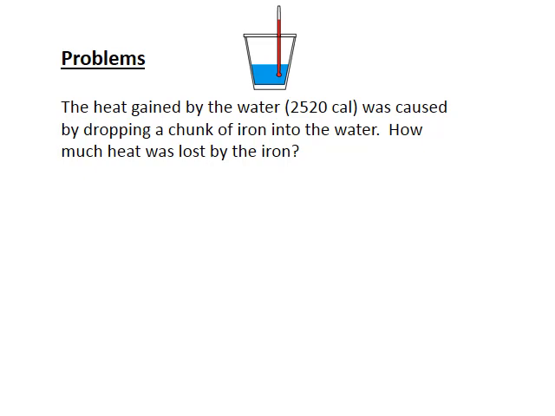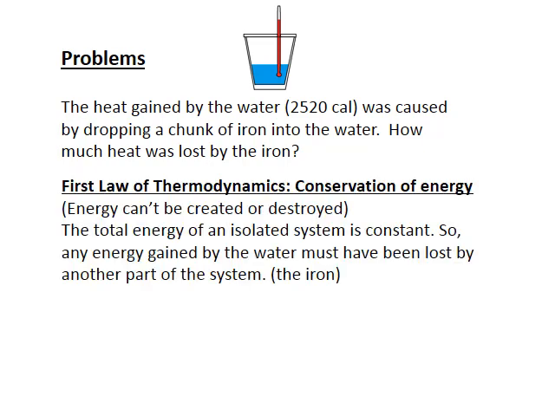Okay, so my next thing to ponder here is the water gained 2,520 calories, and this was caused by dropping a chunk of hot iron into the water. So how much heat was lost by the iron? If you remember our old friend, the first law of thermodynamics, or the concept of conservation of energy, energy can't be created or destroyed is the old middle school definition.